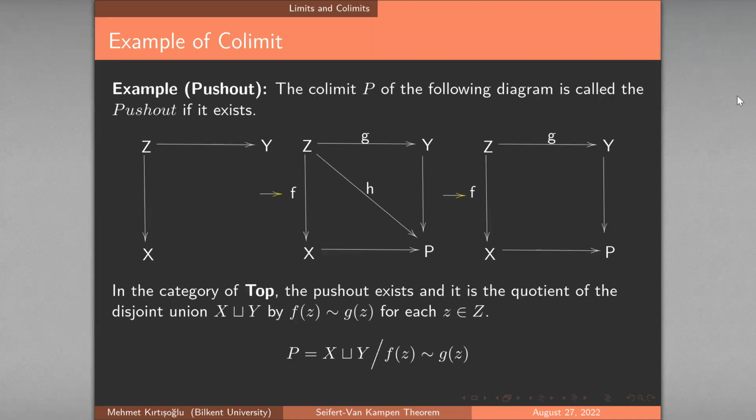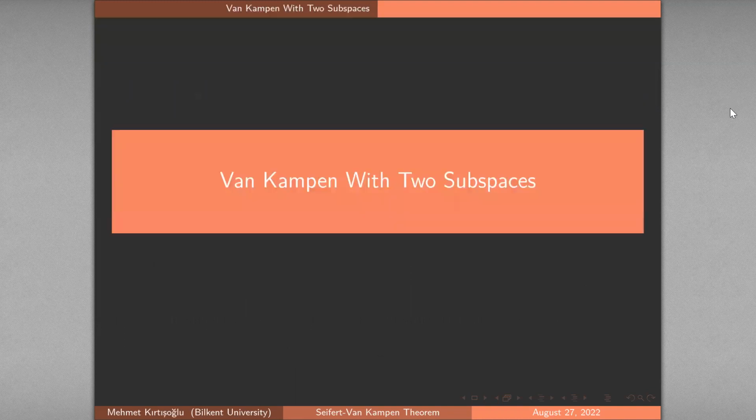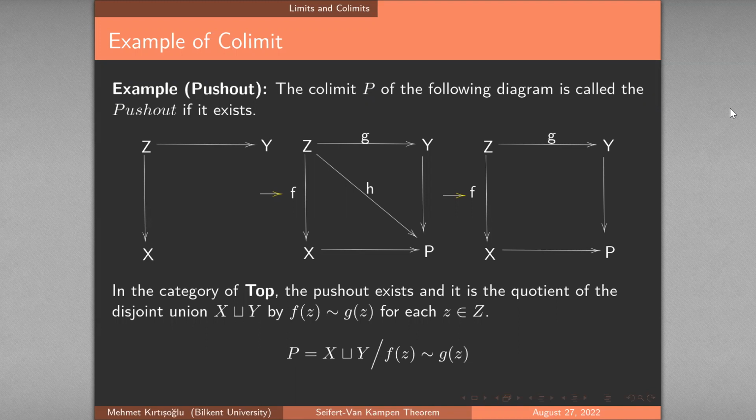And here's another example, the pushout. In this case, the diagram has arrows in another direction, so no problem. Again, this h can be given by the long sides of the square.